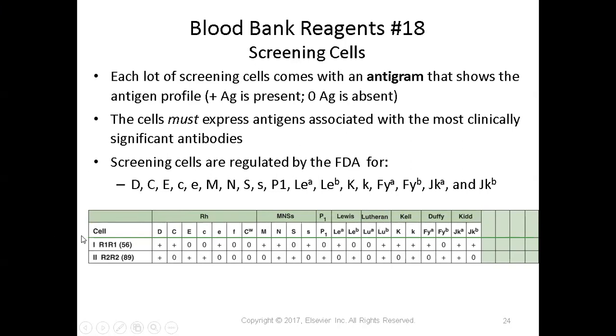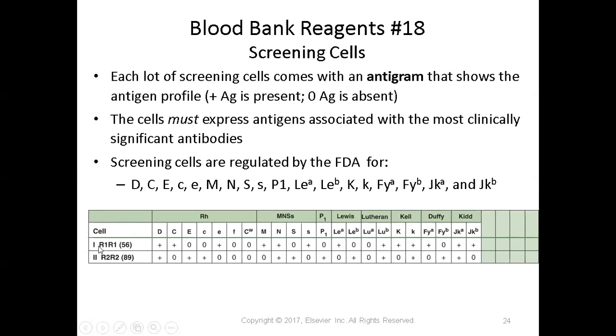Here we see that there's a cell 1 and a cell 2. In module 2, we'll talk about what these R's mean, so don't worry about that for now. When we look at screening cell 1 and go across, whenever there is a plus sign, it indicates that this cell has that antigen on it.